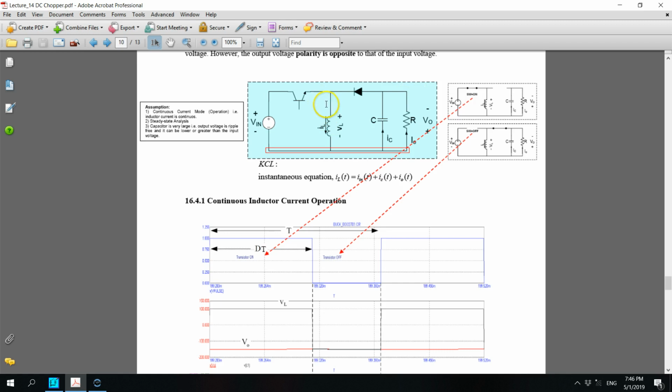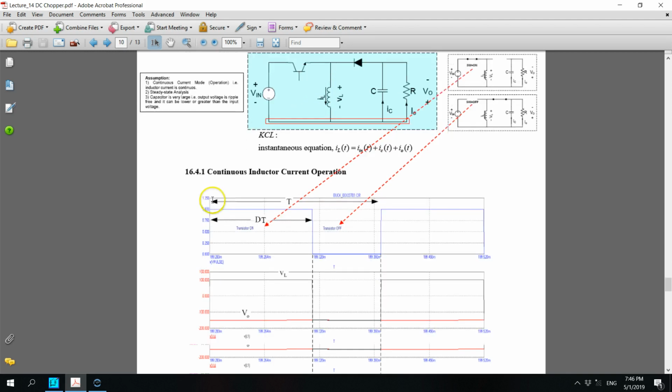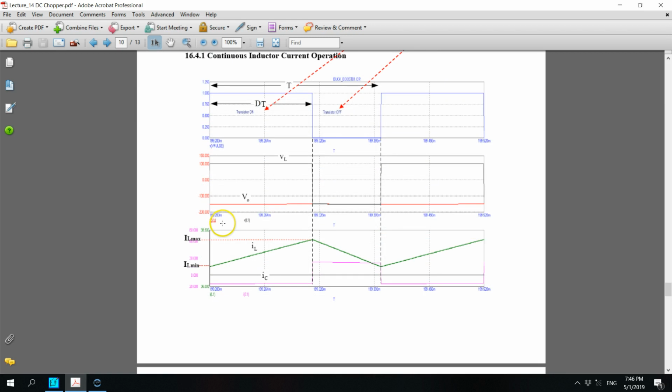And so it's a constant current, which is determined by the value of Vout divided by R. It is a constant current, IC equals minus I naught. Therefore, if you look at the capacitor current, the pink waveform here, IC is a constant current equal to Vout over R, and this will be used when you want to calculate the ripple voltage.